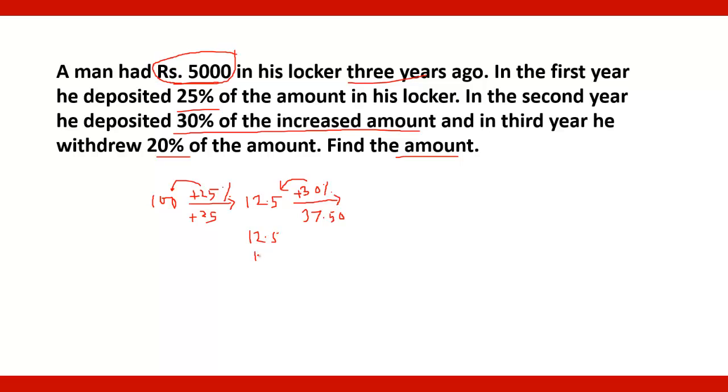Then another 10% will be 12.5, another 10% will be 12.5, and together you will get 37.50. So 125 plus 37.50, that will be 162.50.